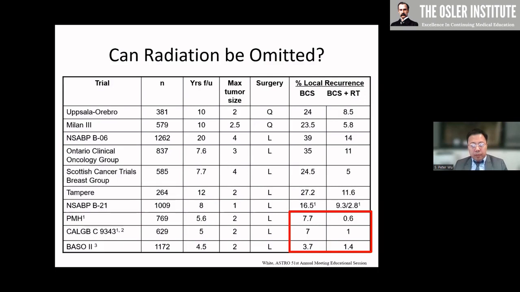For example, the famous CALGB 9343, which looked at low-risk patients who had tamoxifen therapy instead of, or tamoxifen and radiation, found a 7% versus 1% recurrence rate in those with radiation at 5 years follow-up. At 10 years follow-up, these trends continued. And so even though this is a higher number, it was not found to be different in overall survival.